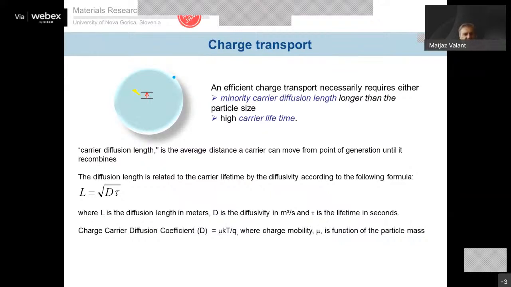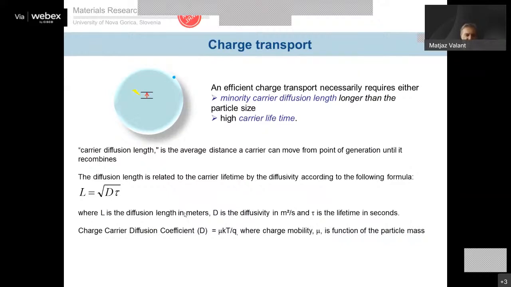Of course, the carrier diffusion length depends on the diffusivity of the electron, so how fast it can travel, and on its lifetime. How long does it take to be recombined?